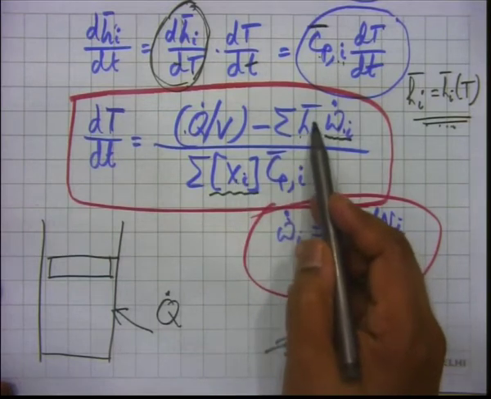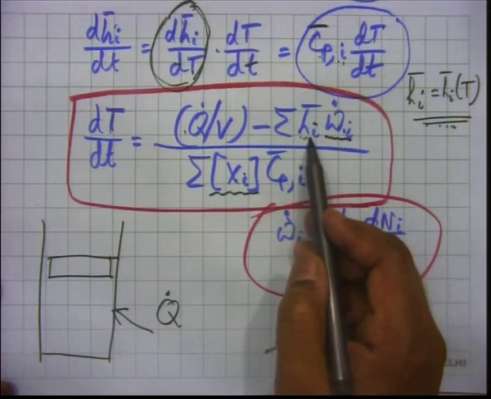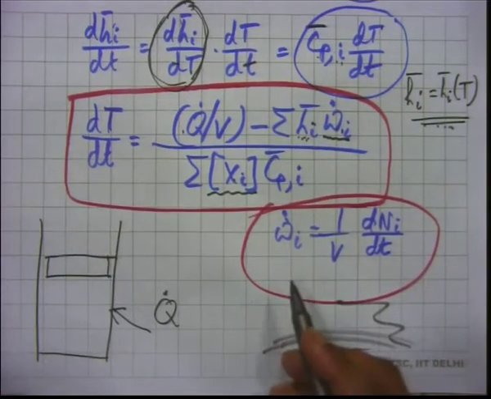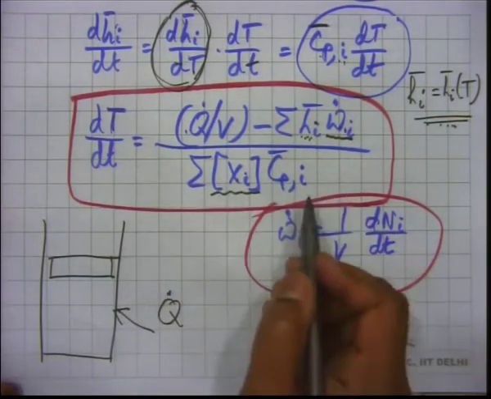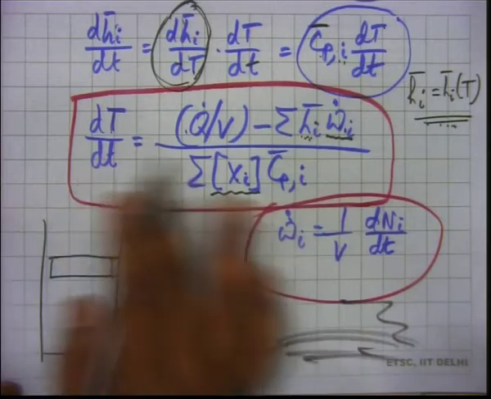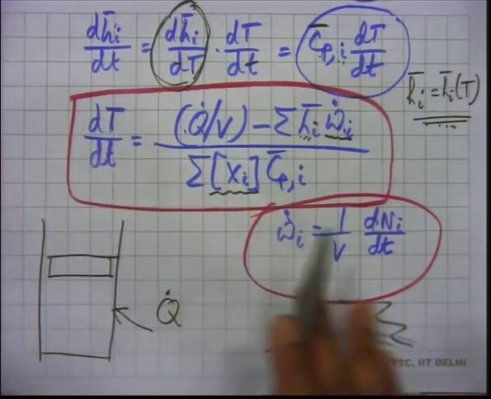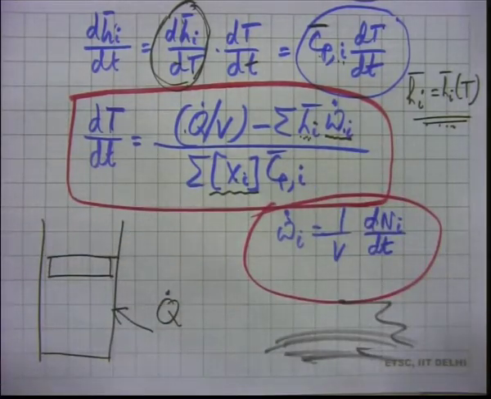Hi bar itself will have temperature dependence, because Hi bar is enthalpy of formation plus integral Cp dT. What else? Let us think about the temperature dependence of dT/dt. So, dT/dt depends on species concentrations, and it also depends on temperature.